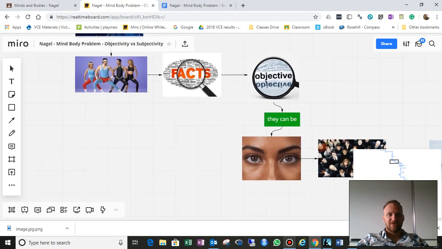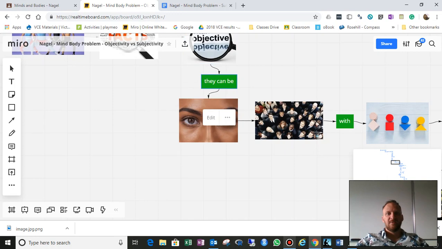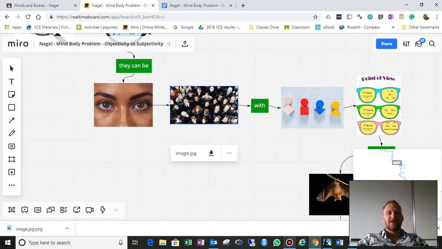So, when we talk about physical facts and we use objective language, we know that they can be seen and understood by many different people who have a different point of view, because the language allows us to understand objectively what's going on outside of our point of view. Take a note. Alright.